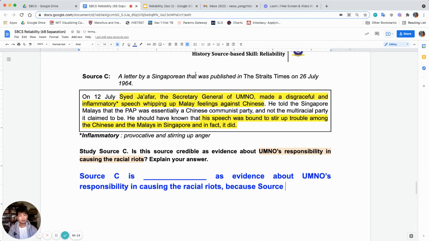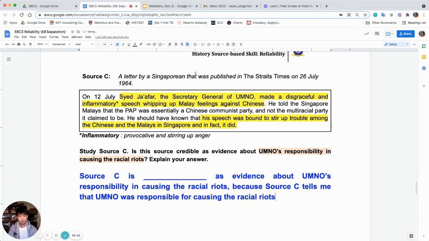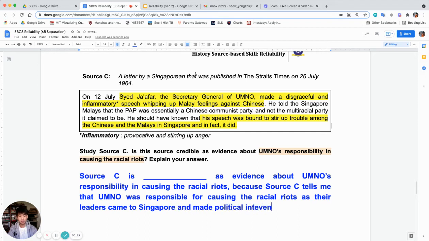Because source C tells me that UMNO was responsible for causing the racial riots, as their leaders came to Singapore and made political interventions that resulted in greater racial tensions.